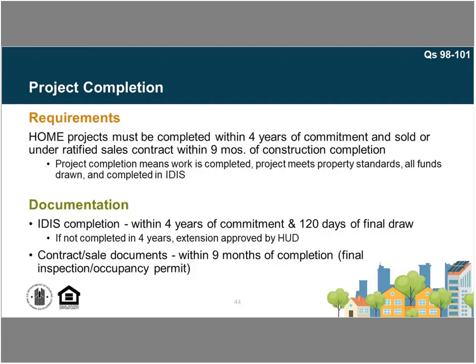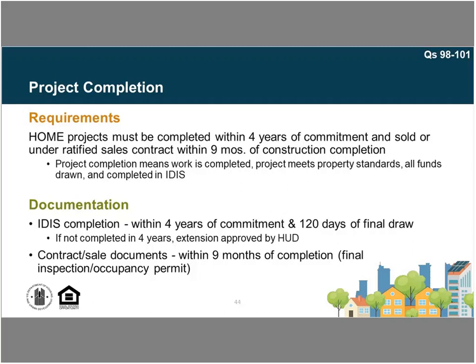And so the documentation for this, we're going to look in IDIS. The data in IDIS is going to show that it was completed within 4 years of commitment. We're also going to look in IDIS that the completion is recorded within 120 days of final draw. If it was not completed in 4 years, then this file should show that there was an extension approved by HUD or that the funds were repaid.